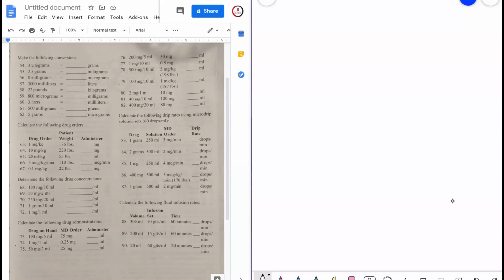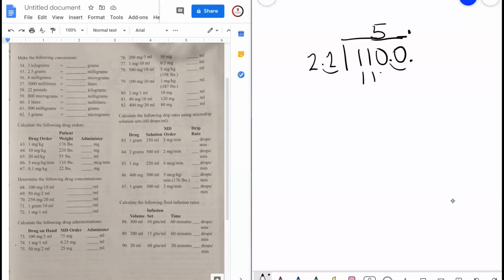Next patient's 110 pounds. Let's do the math on this one also. 2.2. Okay, so you move this decimal point over and move this decimal point over. So 22 goes into 11 0 times. 22 goes into 110 5 times.